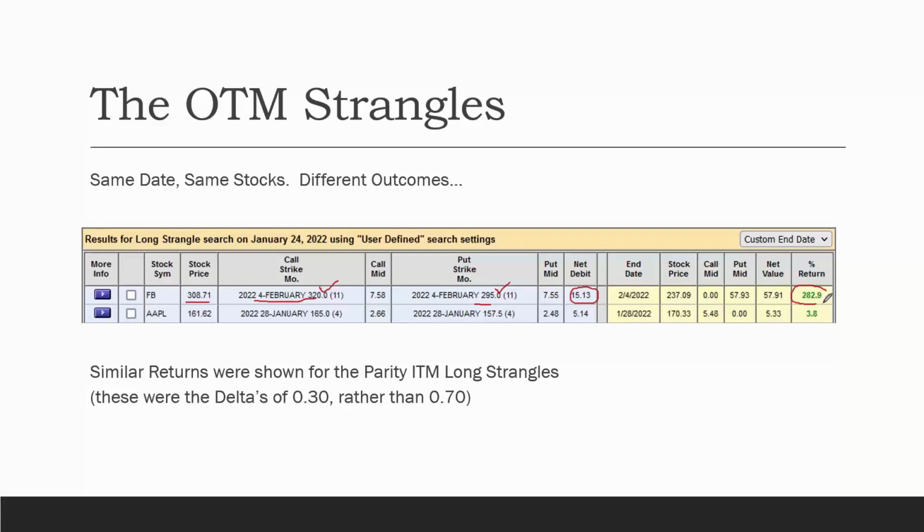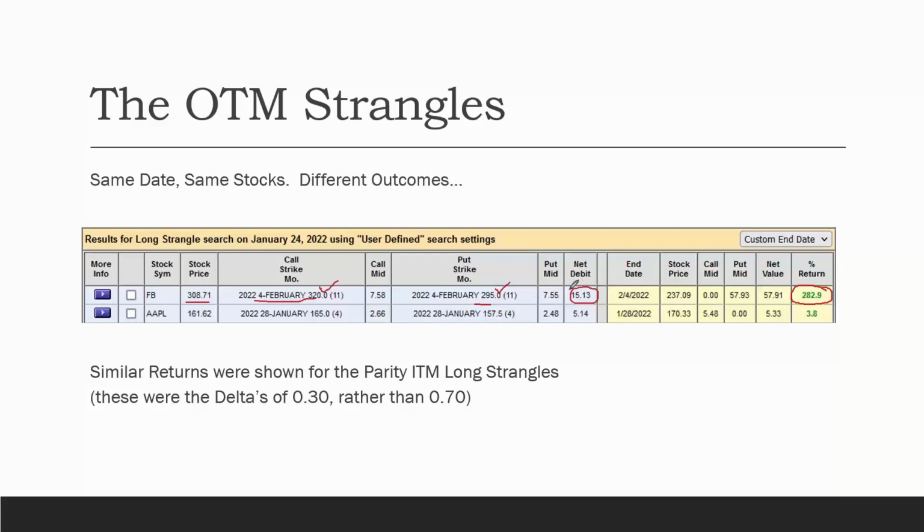The return would have been about the same in this case. It's a much higher return, remember, because both of these options went in the money, whether we were at that 310 or 305 straddle for Facebook when it had its 26% move, or here with the 295 put.